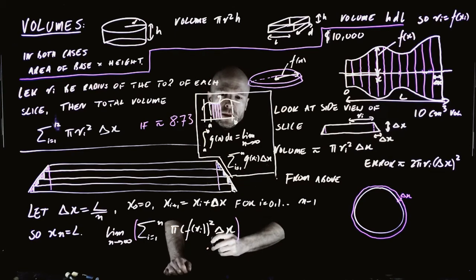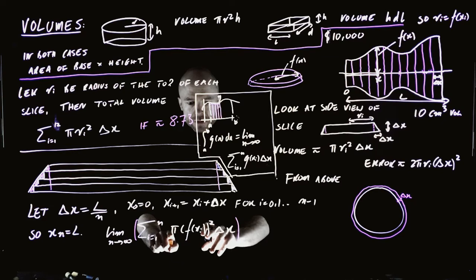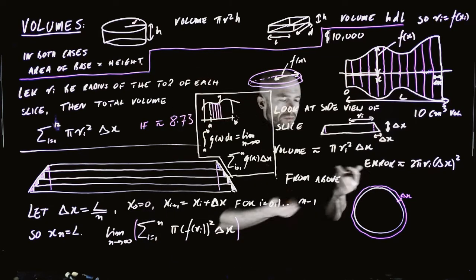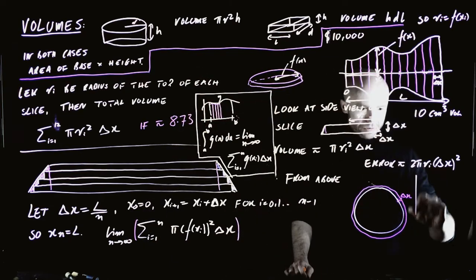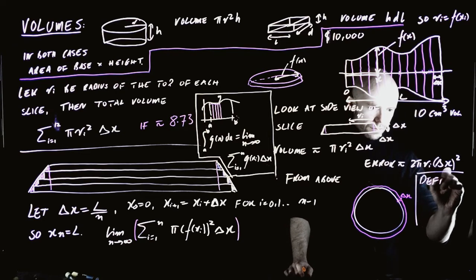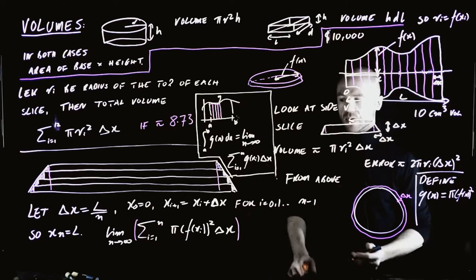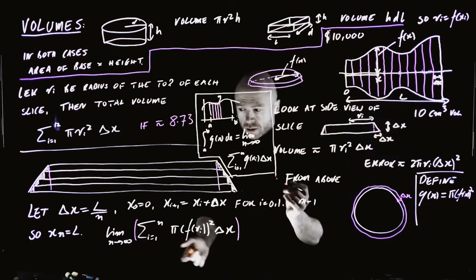Okay. Now what's different here is that we don't have g of xi, right? We have some different function, but it's not in any important way different. So for example, we could just define g of x to be this pi f of x squared. Yeah? And if we did that, then we could write this thing like this.